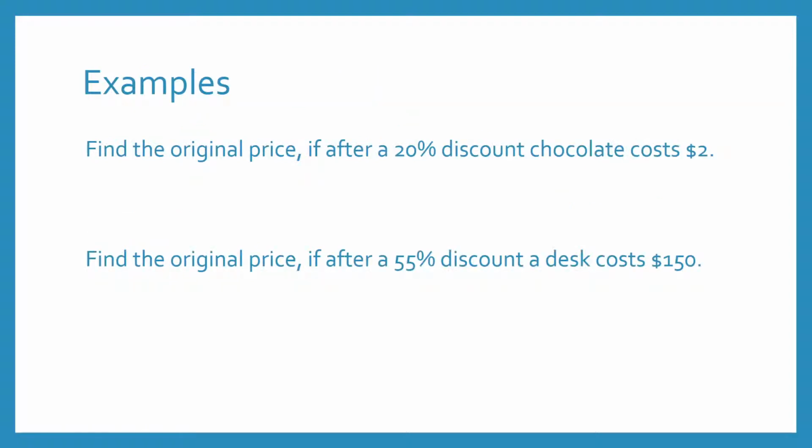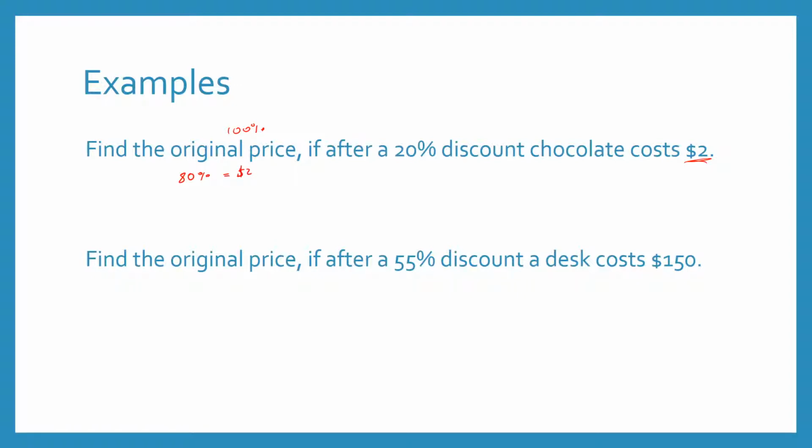Some examples. In this one, we're trying to find out what the original price was after a 20% discount for chocolate that now costs $2. So our original price was our 100%, and after a discount of 20%, we're paying $2. So 100% minus 20 is 80%, and so our 80% is our $2.